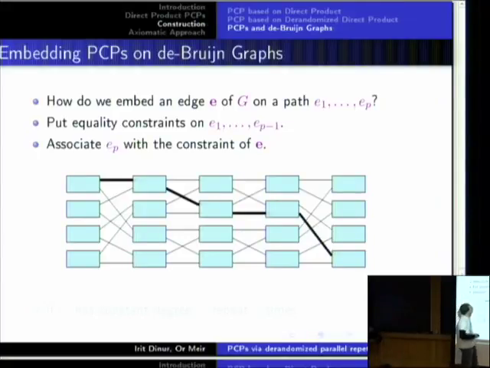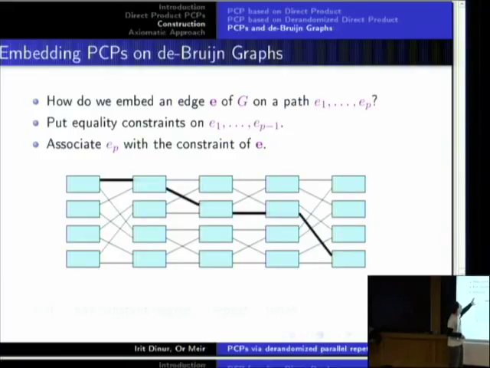So suppose that we have some vertex disjoint path E1 to EP, and we want to embed some edge of the original graph, bold E, on this path. What we do is we put an equality constraint on all the edges of the path except for the last one.